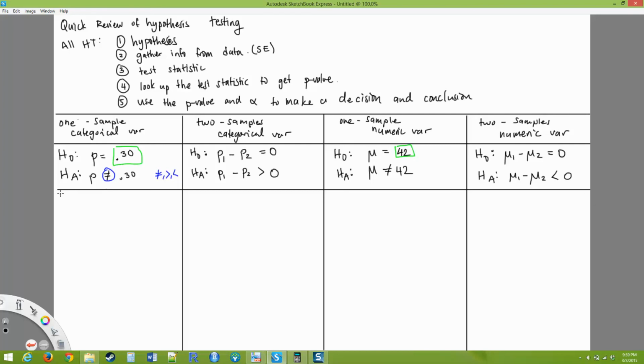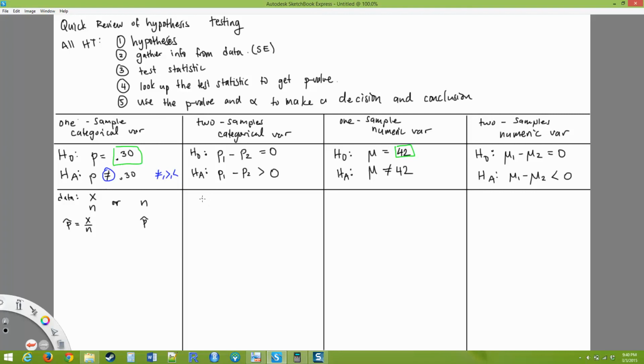So here for the data, you will have an x and an n, and from that you calculate p hat, which is equal to x over n, or you have n and p hat is given to you. They might not give you an x.